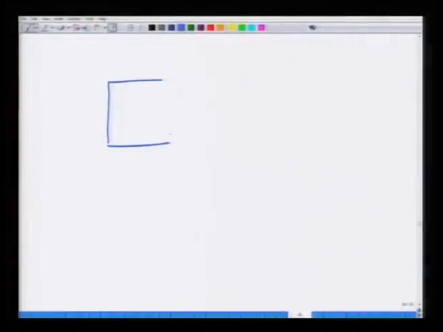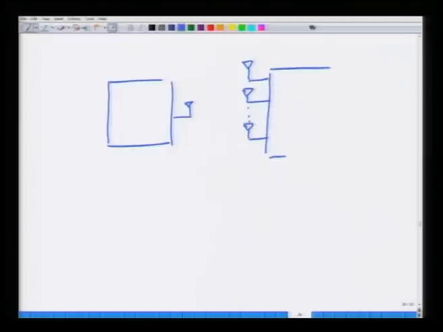Now, let us look at what happens when we have multiple receive antennas, and more specifically we have L receive antennas. There are L links in a system with L receive antennas.